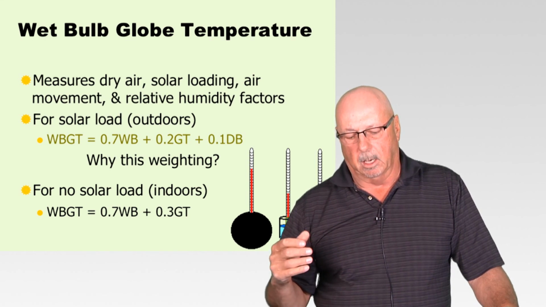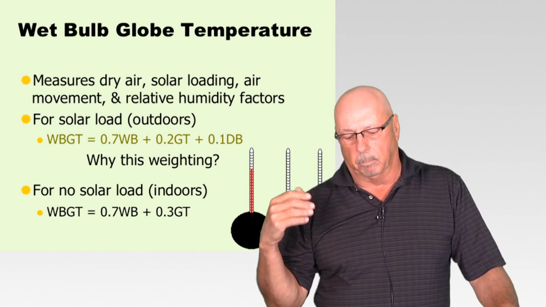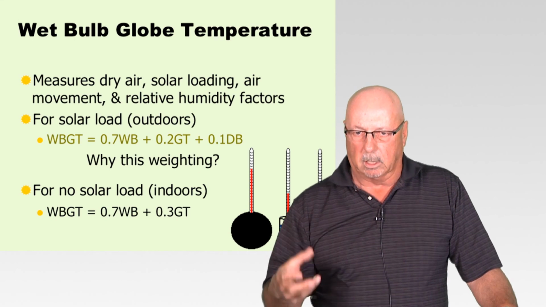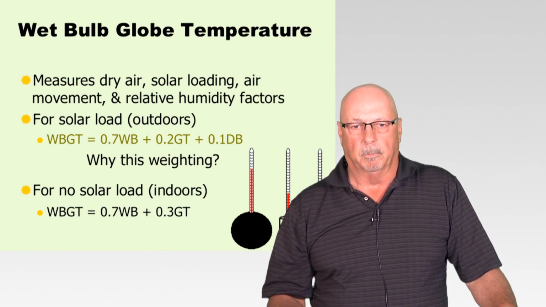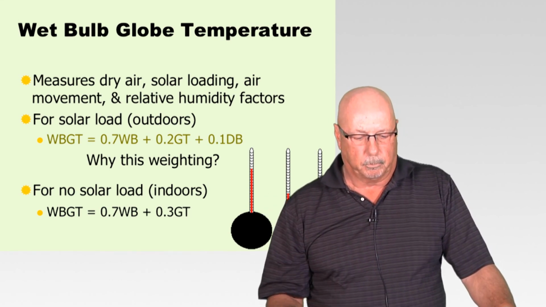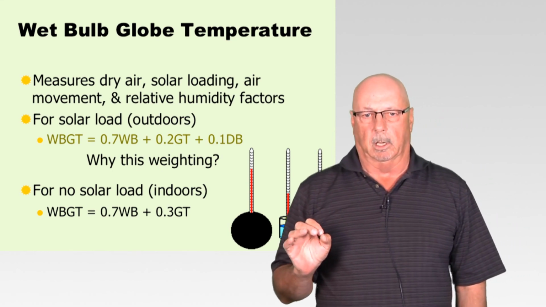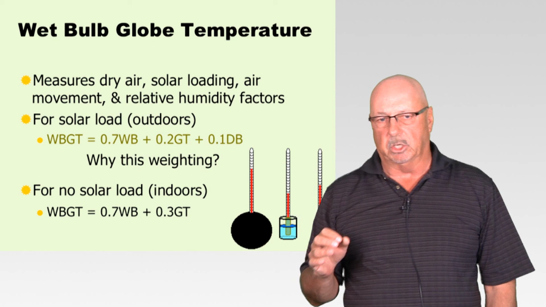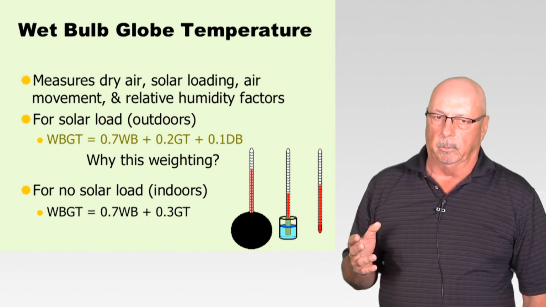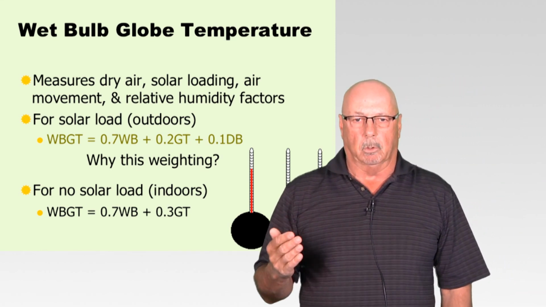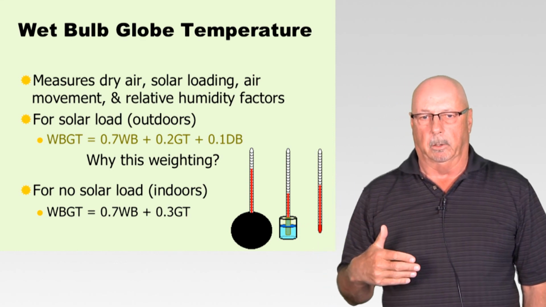And the more airspeed you have blowing across that wicked water is going to drop that temperature. And so what they do is have two criteria then for the WBGT value, the temperature value. One is for outdoors and one is for indoors.